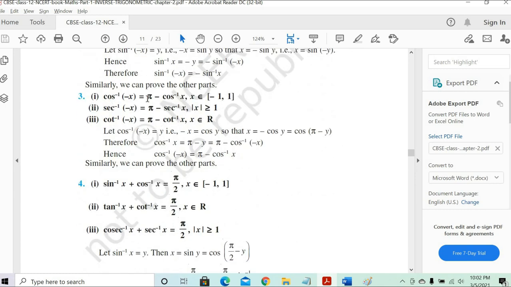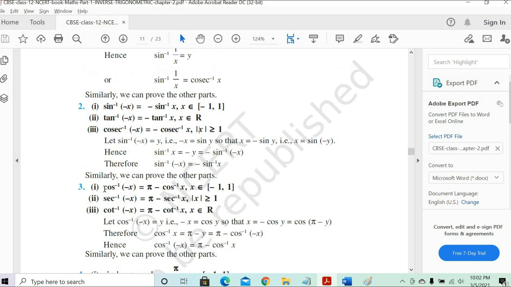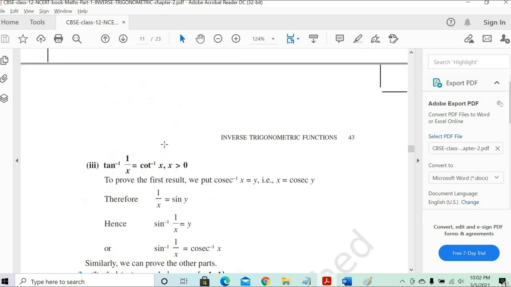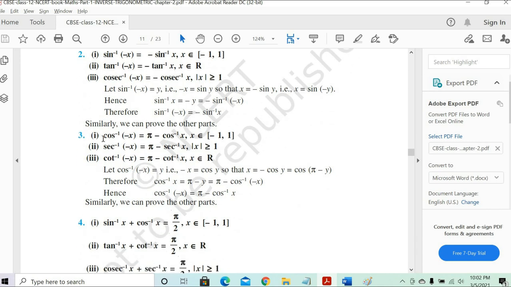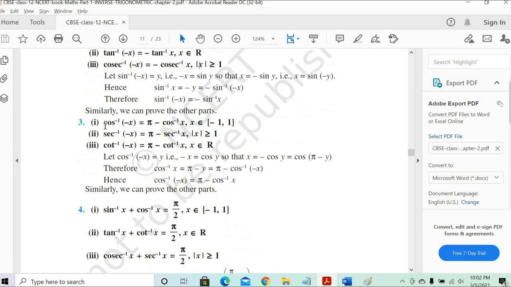The next part, I think I'll cover in the next class. For this part, just revise whatever we have done so that it sinks in properly. After that it's just a pi minus thing: secant inverse, everything will be pi minus. In the next class, I think we'll finish all the properties. These properties are important.